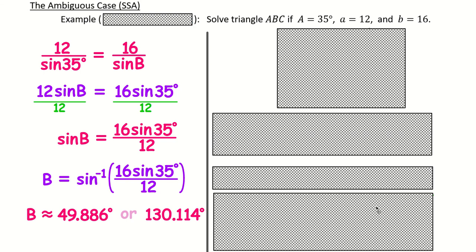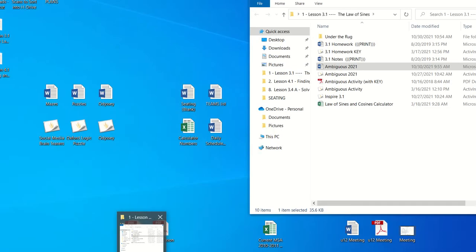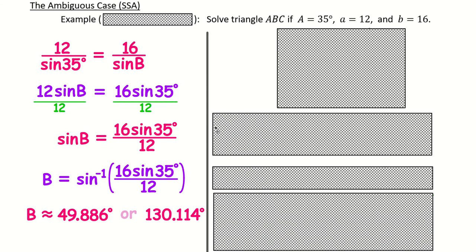In this problem, angle A being 35 degrees, obviously angle B could be this, but you know what? This would also work for angle B. If that's our angle A and that's our angle B, there's still degrees left over for angle C.